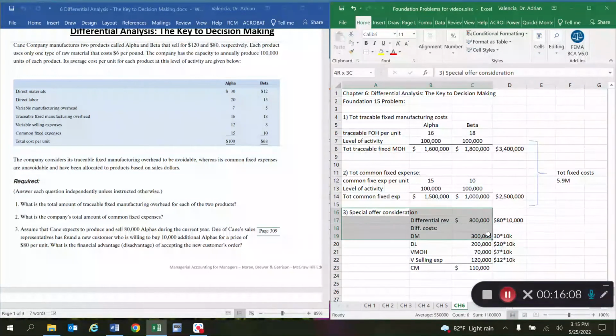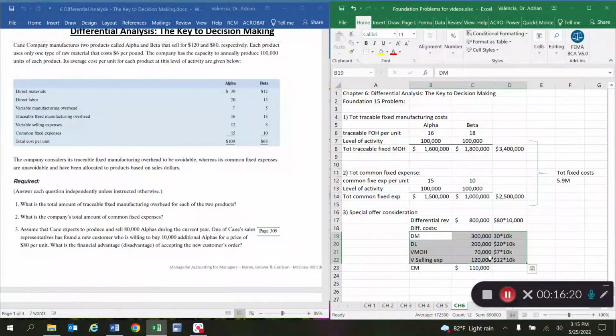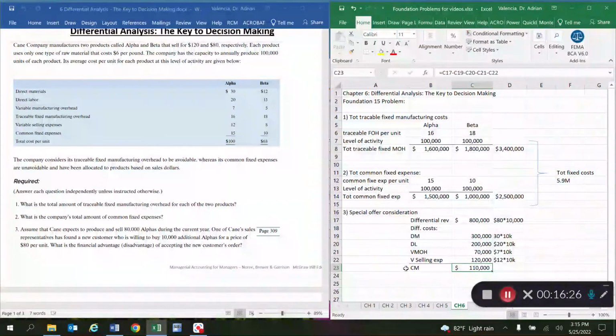This is a one-time consideration where we're saying, you know what, we have idle capacity, and if we can cover our variable costs, which are the differential costs, the things that I would incur if I take this on, then I would have left over 110 that can be used to cover fixed cost, or if we're already profitable, to add to my profitability line. So in this particular case, based on the financial analysis, I would accept this special offer, all right?